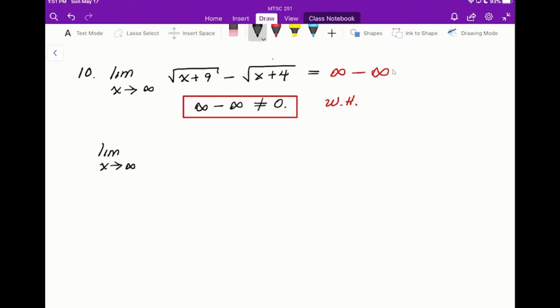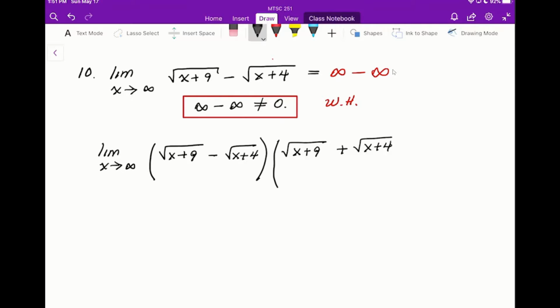I'm going to take this quantity, the square root of x plus 9 minus the square root of x plus 4, and I'm going to multiply it by the square root of x plus 9 plus the square root of x plus 4, divided by the square root of x plus 9 plus the square root of x plus 4.